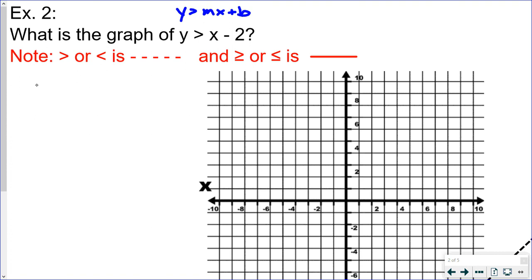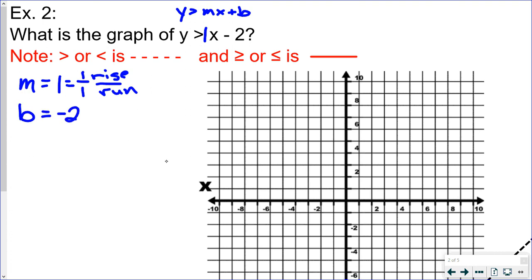If we look at this, the slope of this line is 1. And to graph it, I'm going to use 1 over 1 because of rise over run. The b represents the y-intercept. And again, I should have said the m is 1 because there's a coefficient of 1 in front of the x that's not written. So the coefficient of x is the slope. The y-intercept, since this is minus, is negative 2.